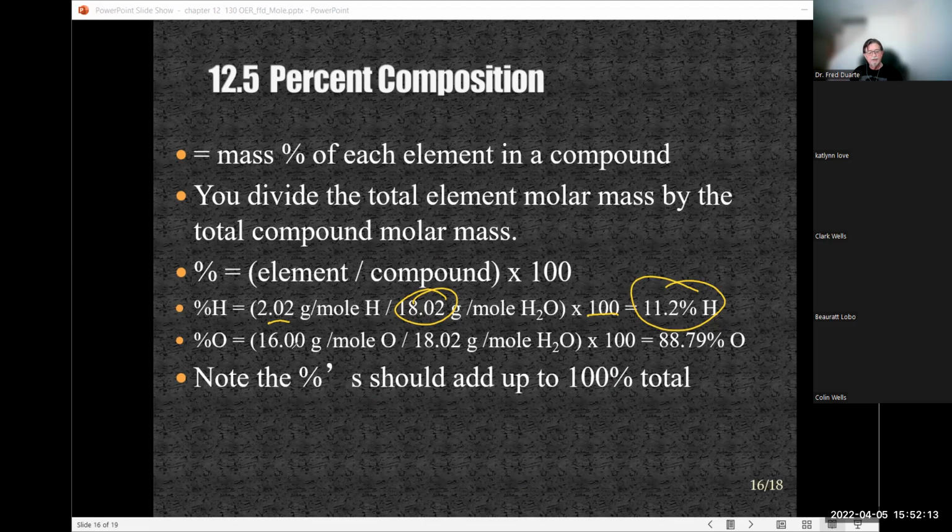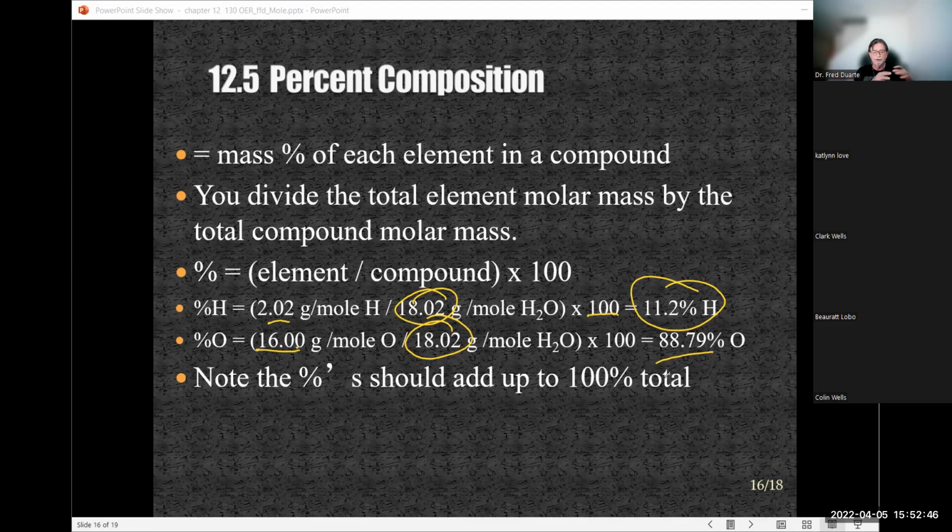If we do the same with oxygen, which has an atomic weight of 16, divided by 18.02 times 100, that ends up to be 88.79% oxygen. So the composition of water is 11.2% hydrogen and 88.8% oxygen.